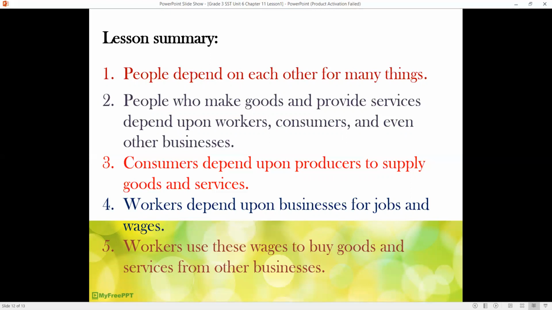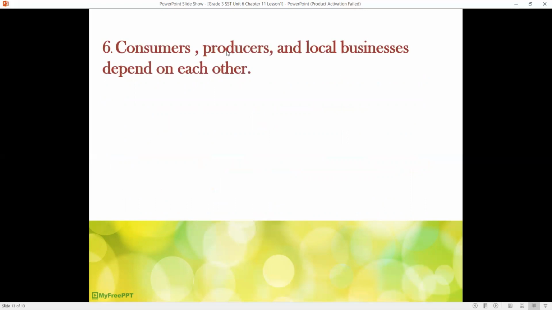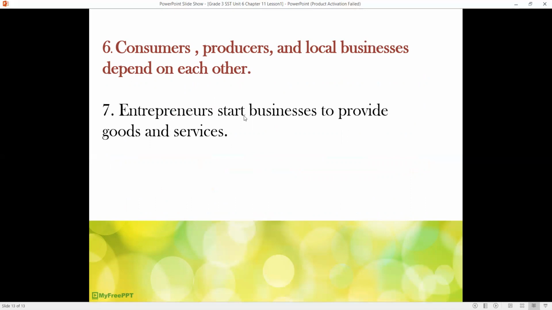One person is depending on the other to survive in this world. Consumers, producers, and local businesses depend on each other. Entrepreneurs start businesses to provide goods and services.